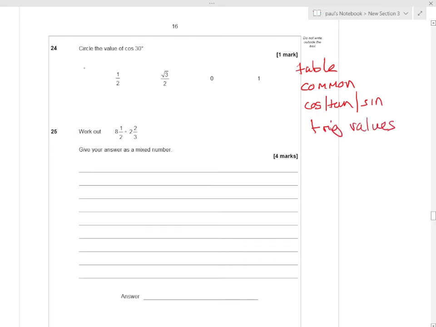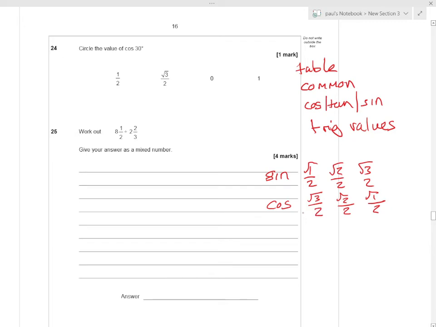The table is square root of 1 over 2, square root of 2 over 2, and the square root of 3 over 2. And this is sine, and cosine is back the other way, square root of 1 over 2, square root of 2 over 2, and the square root of 3 over 2.